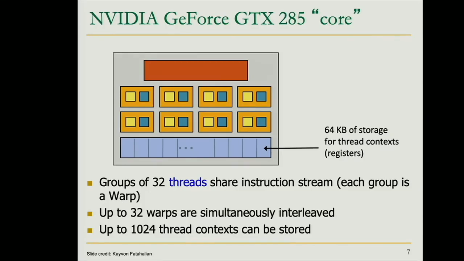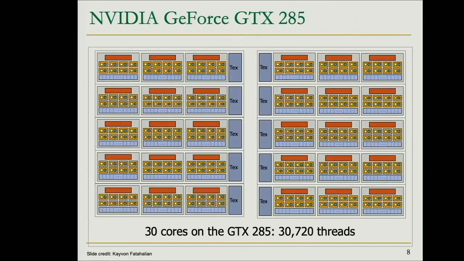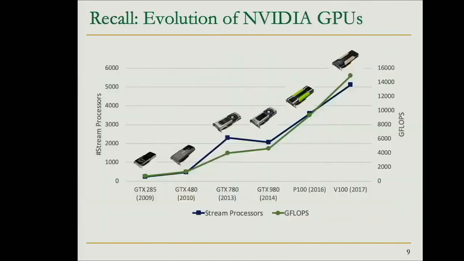This is the full picture of the entire GPU, this GeForce GTX 285. And here you can find the 30 GPU cores that the first slide mentioned. Even though the basic architecture is essentially the same, it has evolved a lot in the last 10 years.